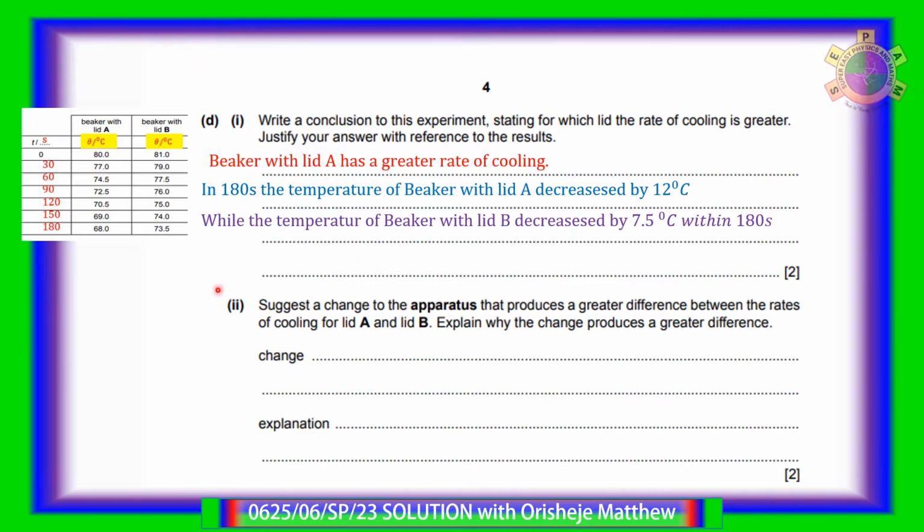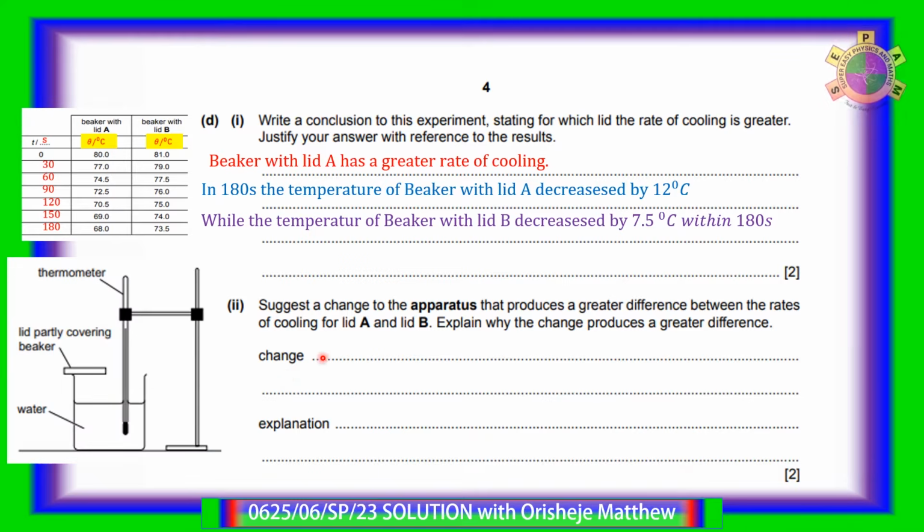So now, suggest an alteration to the apparatus that would produce a greater difference between the rate of cooling for lid A and lid B. Explain why the variation produces a greater difference. So let's see the modification you bring to the experiment.